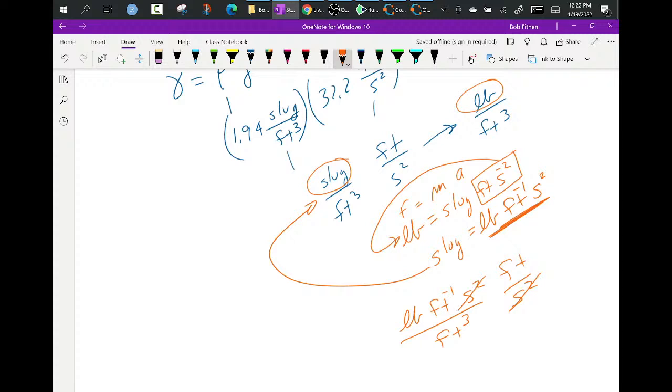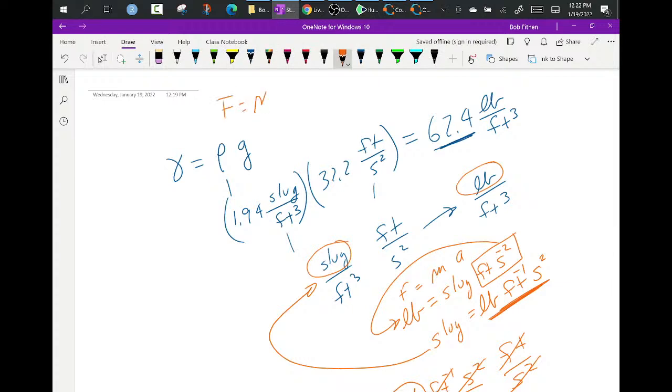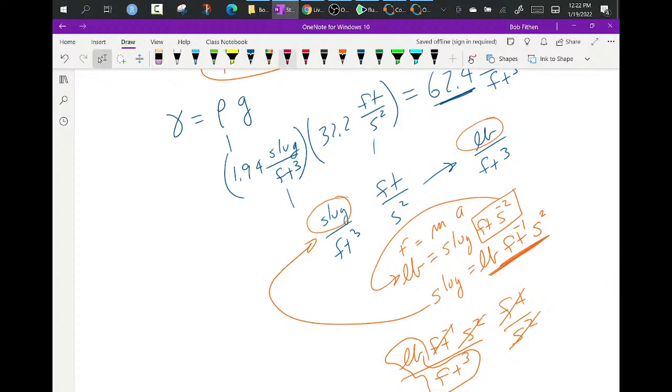Bam, bam, bam, bam. What I'm left with is pounds per cubic foot. This is a typical example of using F equals ma to eliminate the slugs and replace them with a pound. How do I do it? F equals ma. That's how you do it.